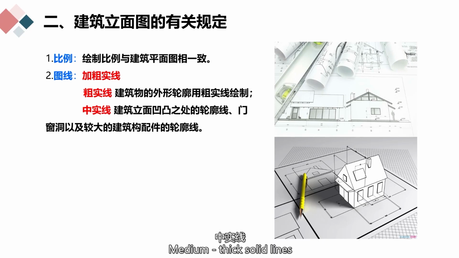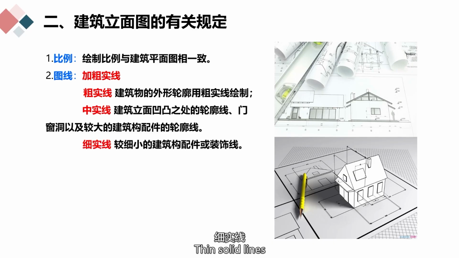Medium, thick solid lines represent the contour lines of the concave, convex parts on the building elevation, the openings of doors and windows, and the contour lines of larger building components and fittings, such as canopies, eaves, balconies, steps, etc., with a width of 0.5 b.